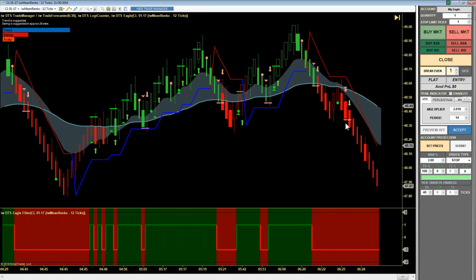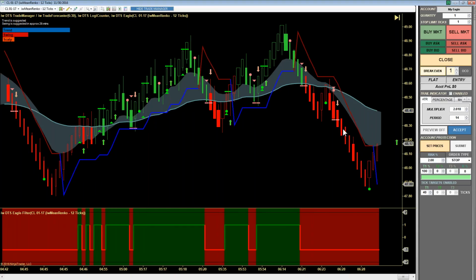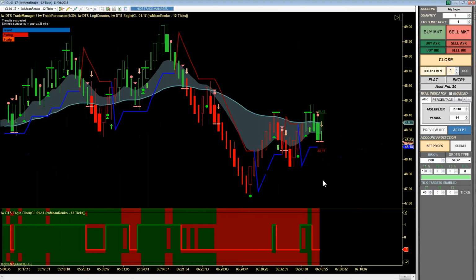But if you missed that, you did get the trend change signal occurring right here as the band turned over. And now it's as though crude oil is trying to manufacture a rule of three to the upside. We've already got two counter trend signals, looking for that third one.